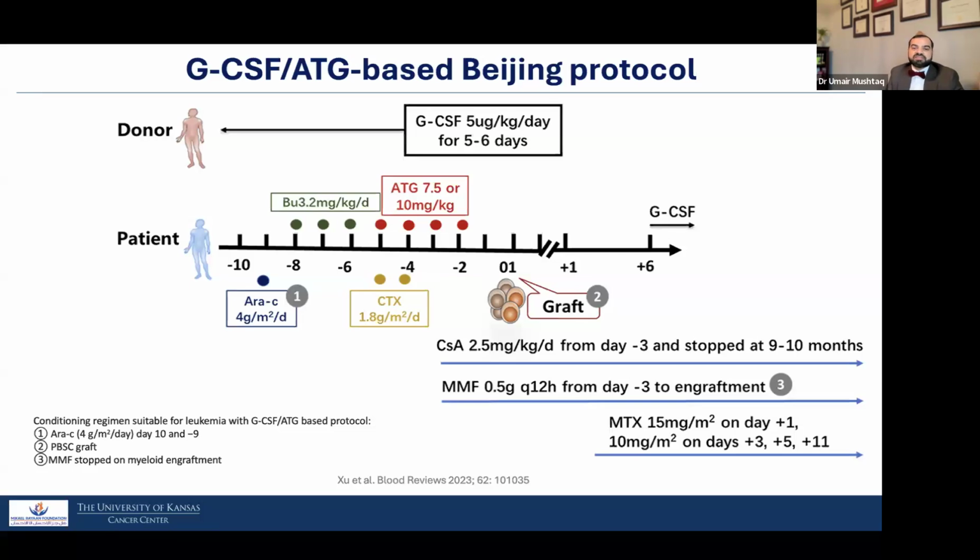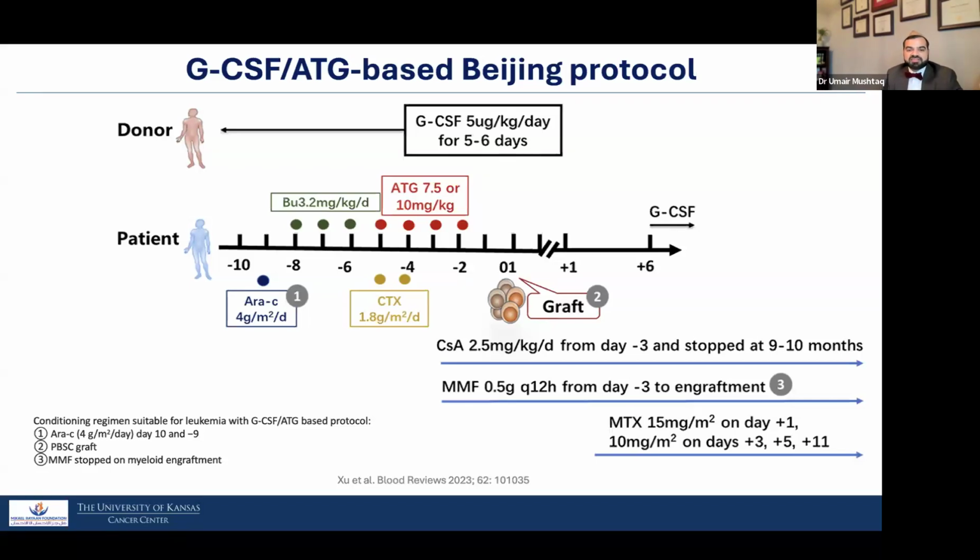And the donor collection is GCSF primed. The hypothesis is there are some changes in the T cell phenotype, so GCSF primed graft is better. Not so much believed in the US practice. You give them a T cell depleted graft, and then you give them cyclosporin, mycophenolate, and methotrexate.